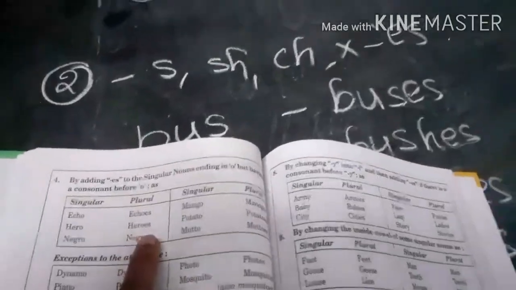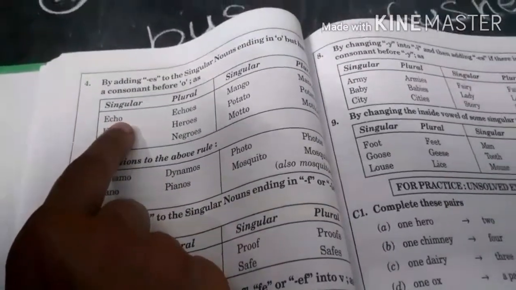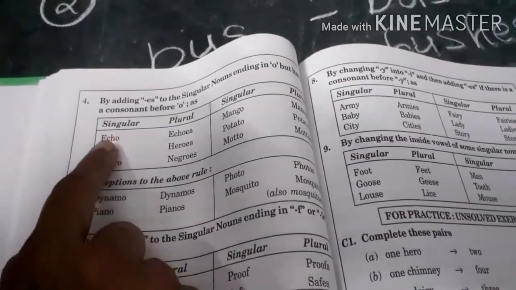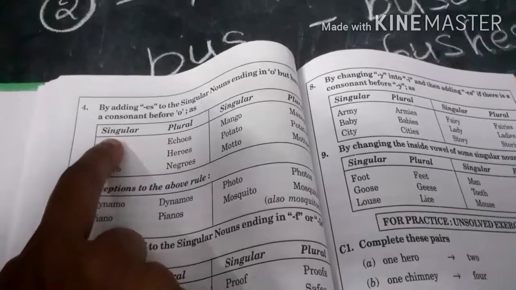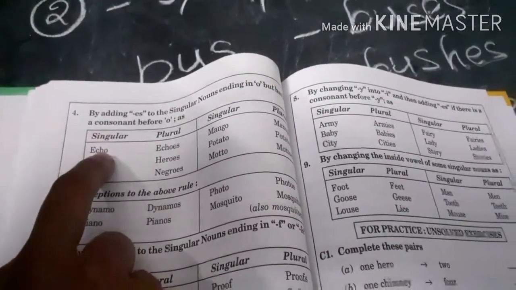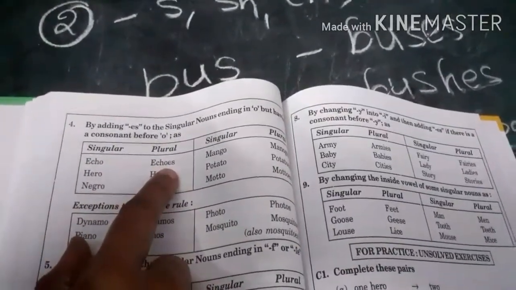In the fourth exercise, suppose this word is ending with the letter O, but it has a consonant letter before it, these words end with ES.